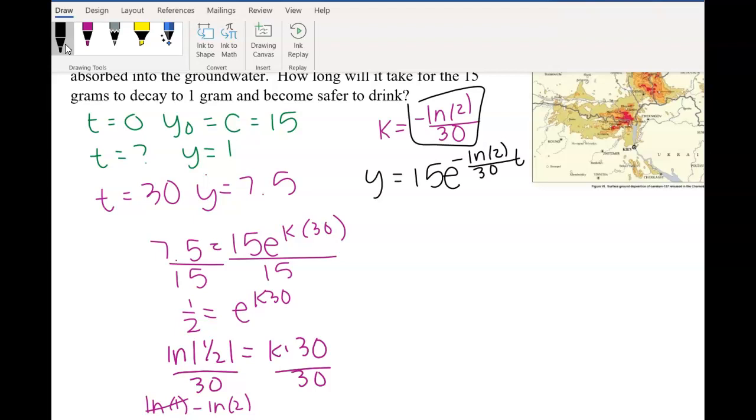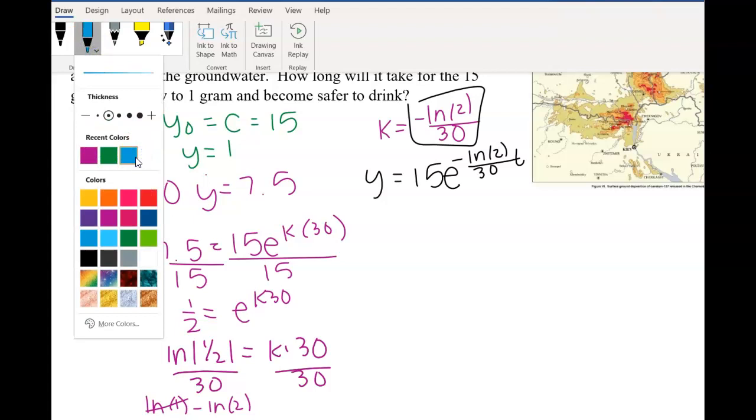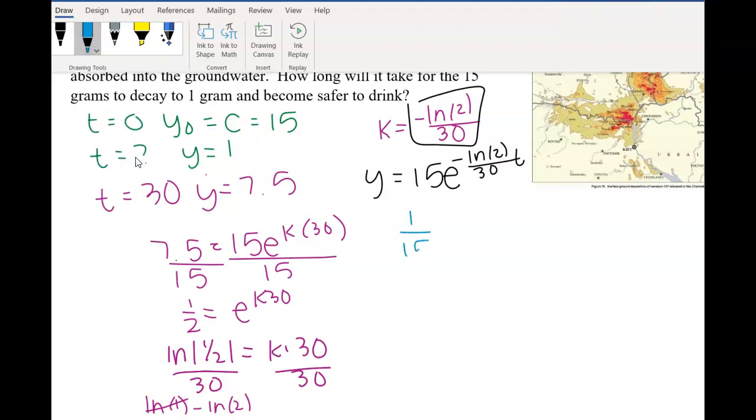So last time we solved for K, this time we're going to solve for T. Because this time again I know Y, 1 over 15. What do you know about an e to an ln?